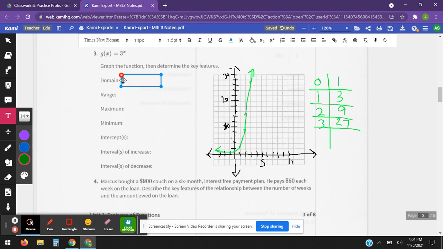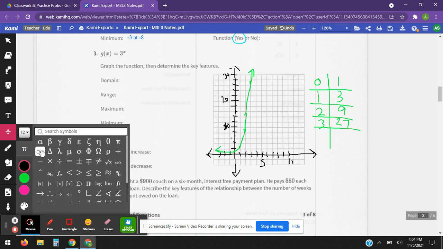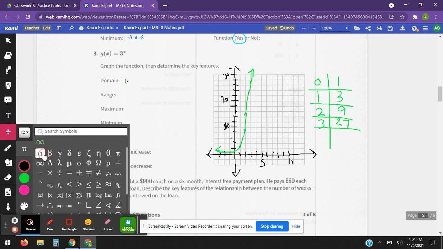So our domain, I've got to find one of my symbols. I think I have negative. Oh, there's infinity. Okay, so let's see if we can put in a symbol. Okay, so our domain, we are going on forever for the x's in the negative, and we're going on forever in the positives. So negative infinity.